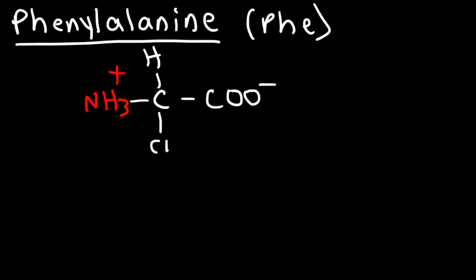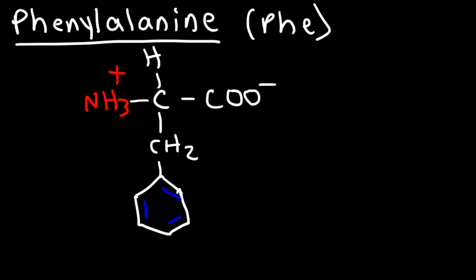And then it had a methyl group. So alanine only had one carbon atom in its R group. So what do you think about phenylalanine? Well, all we need to do is attach a phenyl group to the methyl group. So we're going to take off a hydrogen atom because carbon can only form 4 bonds. And we're going to replace the hydrogen with a phenyl group, or basically a benzene ring.